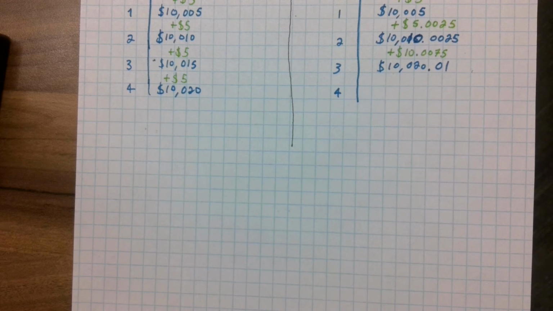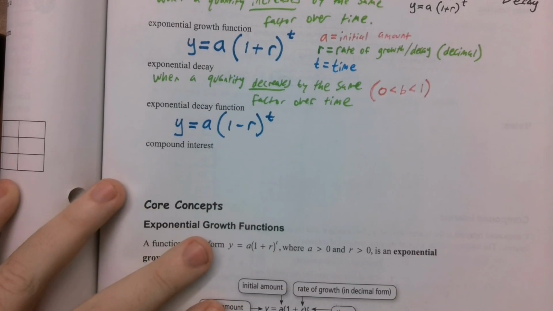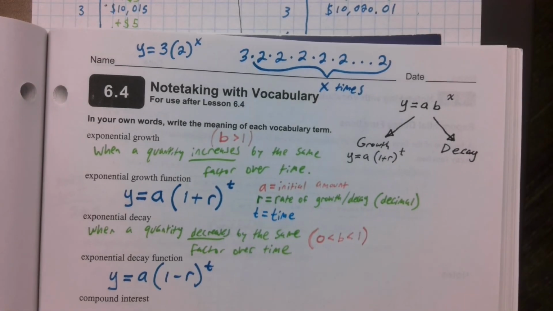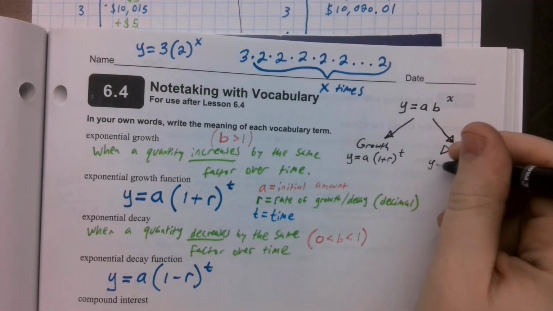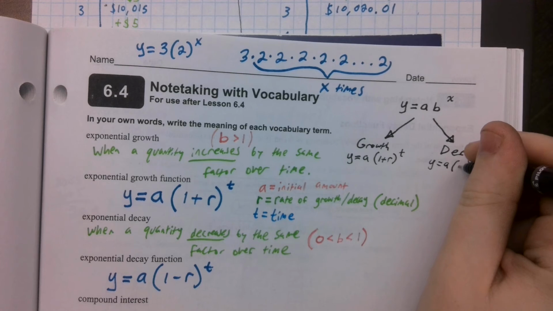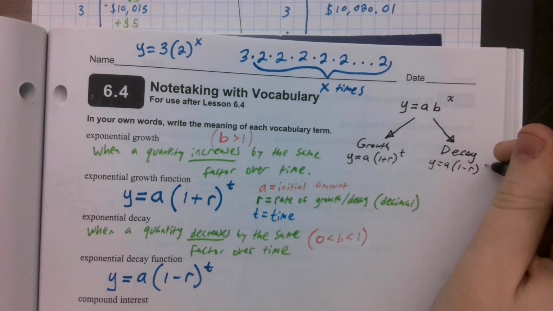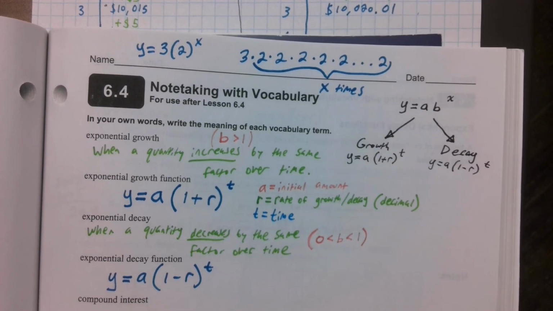There is a formula for calculating interest, specifically compound interest. The formula for simple interest is very easy. You can look it up and you'd be able to process it through in just a minute. The compound interest formula looks a little bit strange. Again, at this point we've talked about a couple of equations. We've talked about growth, we've talked about decay, and we've talked about our basic exponential, and they're all related to each other. They all look the same.